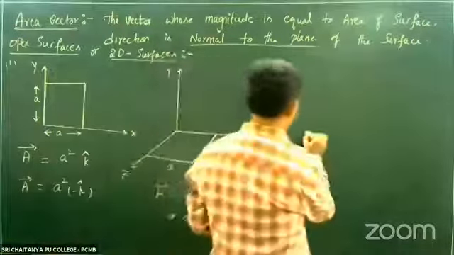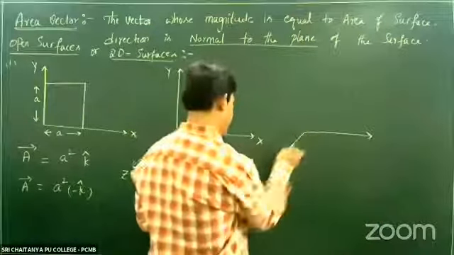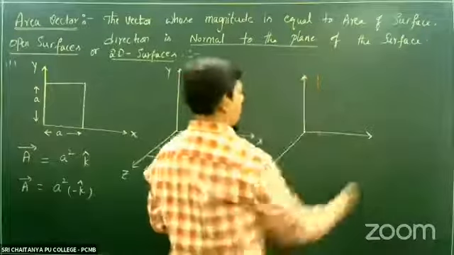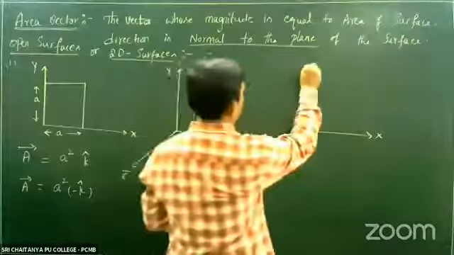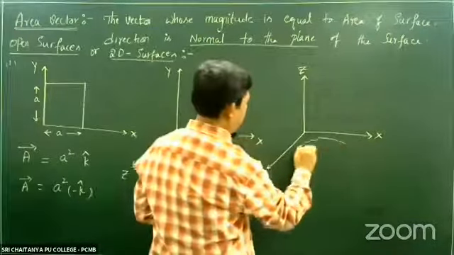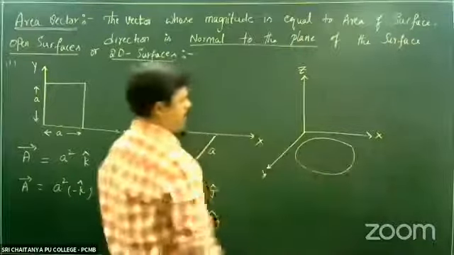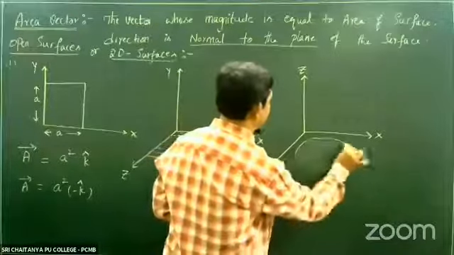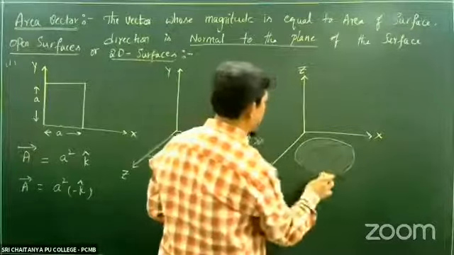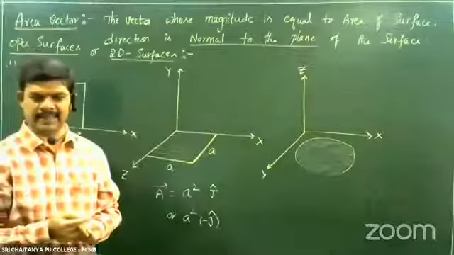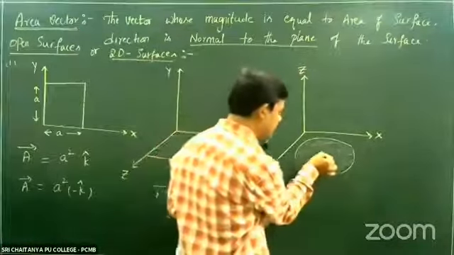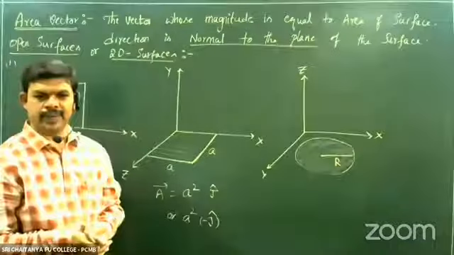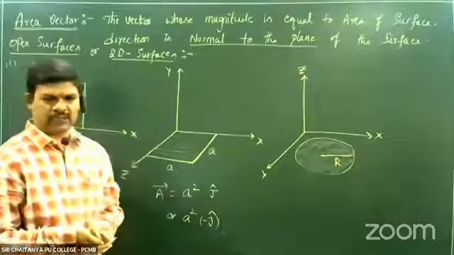Another. This is a circular disc. It is a circular disc whose radius is R. What is the area vector of that circular disc?